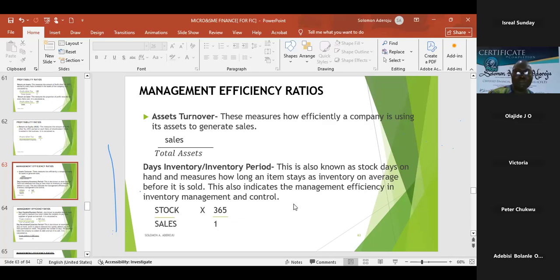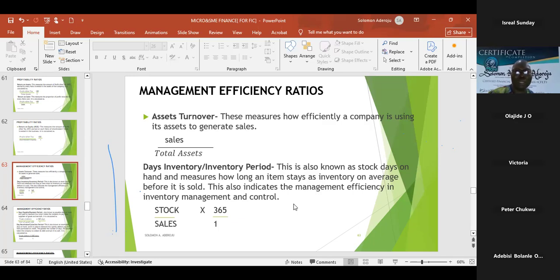So management efficiency ratios, we are asking the same question. Like in our exam, somebody can ask you, calculate management efficiency ratio. Another time they say calculate working capital ratios. Another time they say calculate efficiency ratios.